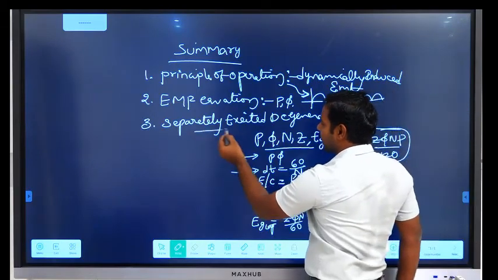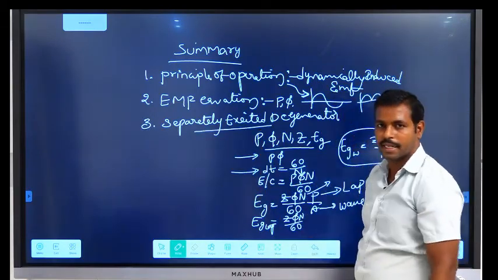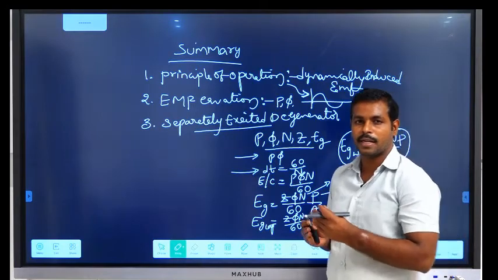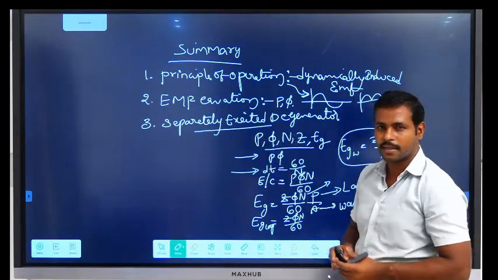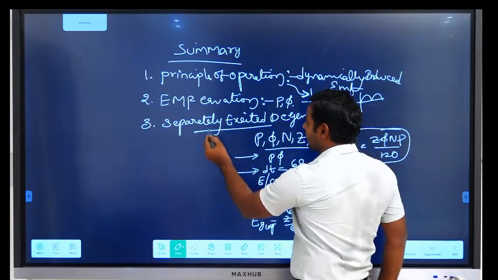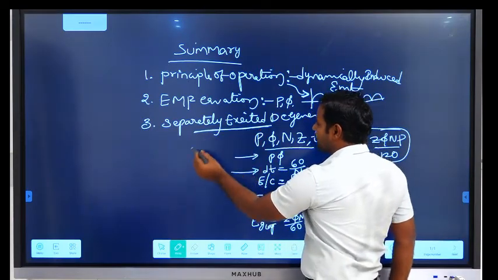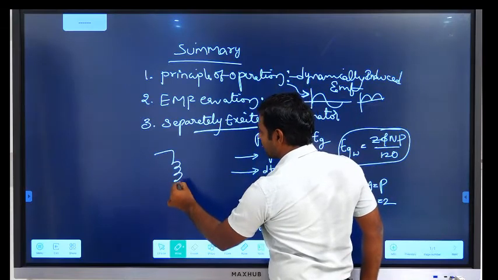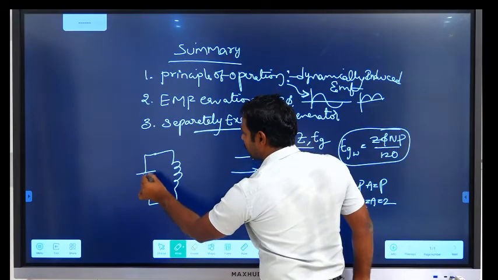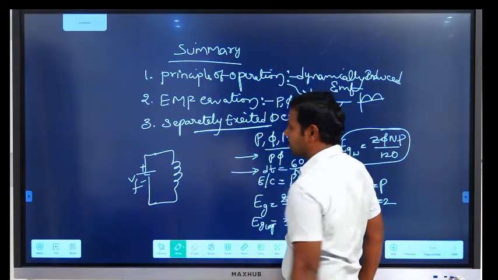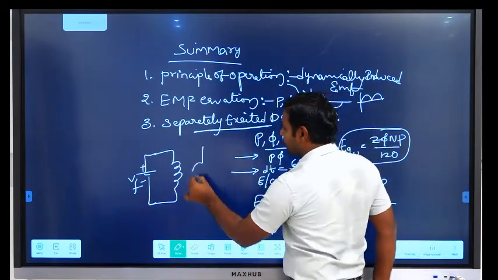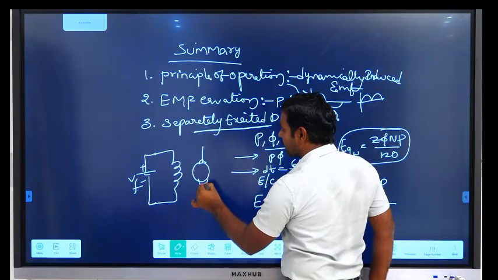Another one is the classification or types of generators. They are broadly classified into two types: separately excited and self-excited DC generators. In a separately excited generator, the field winding is separately excited by an independent voltage source. That's why these field poles are unsaturated poles.